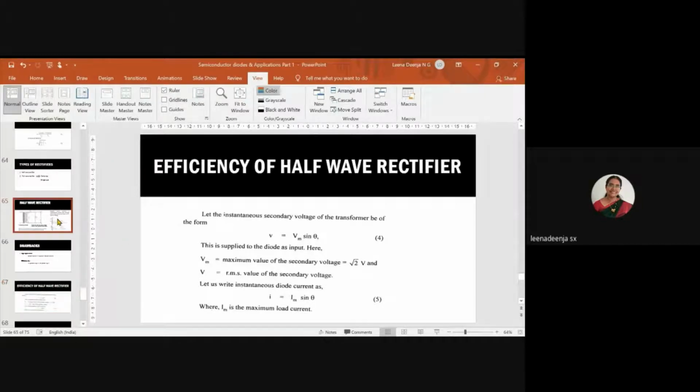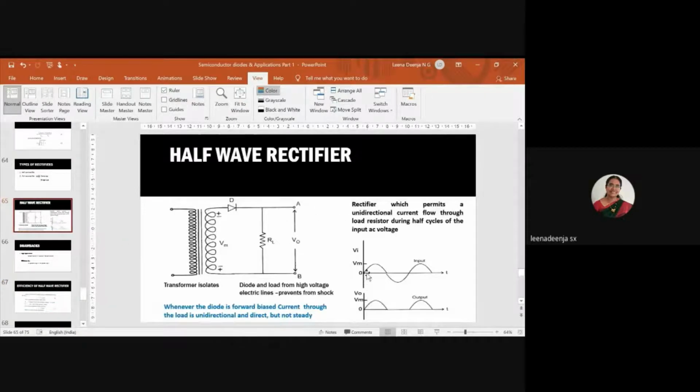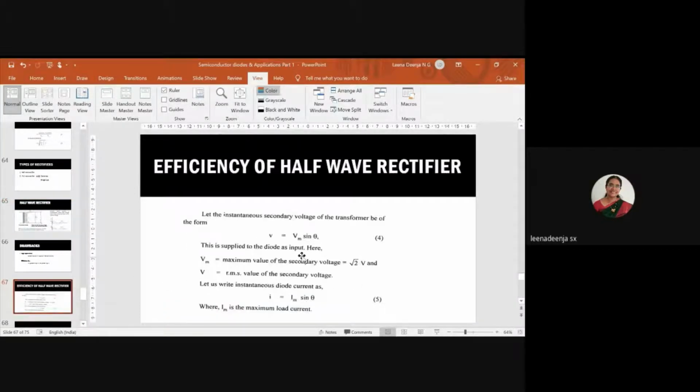In this half wave rectifier, we know that the input voltage is not constant, so it is varying. We can represent this input voltage using a sine term. So the voltage, instantaneous voltage of the transformer, we can represent it by V equal to Vm sin theta. കാരണം ഇത് periodically varying ആണ്.